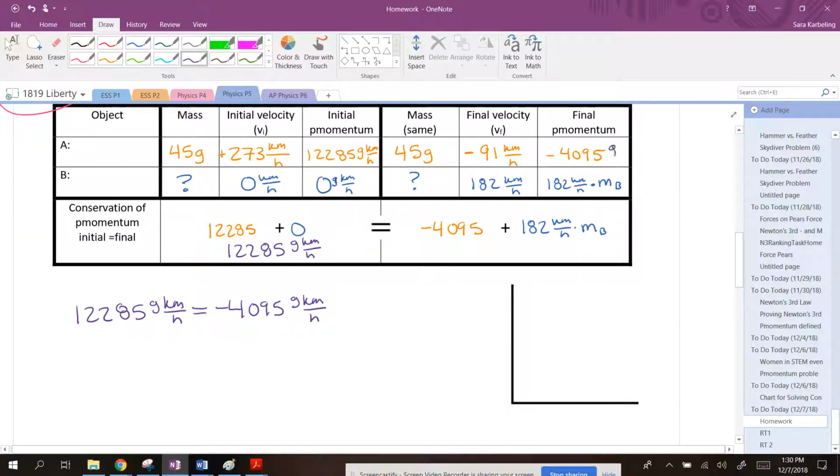I got kind of lazy there. Sorry about that. Plus 182 kilometers per hour times MB. So that's where that equation comes from.